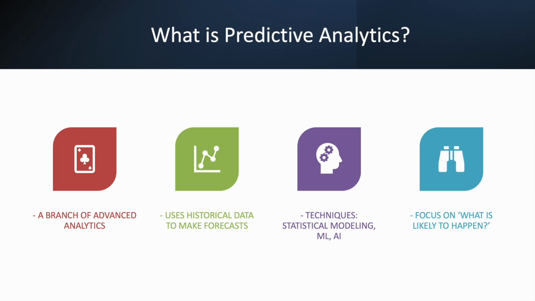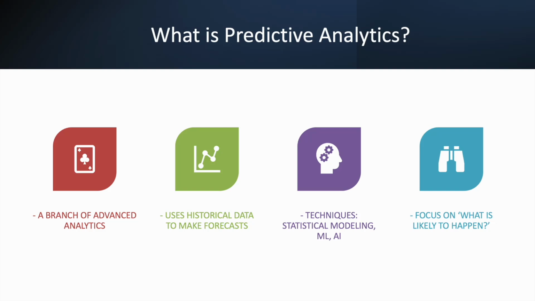Unlike traditional analytics, which focuses on past performance, predictive analytics forecasts what is likely to happen next. The key components include data collection, for example, gathering historical and real-time data from multiple sources, and then data processing, meaning cleaning and structuring data for analysis.